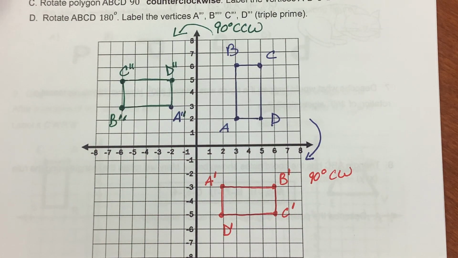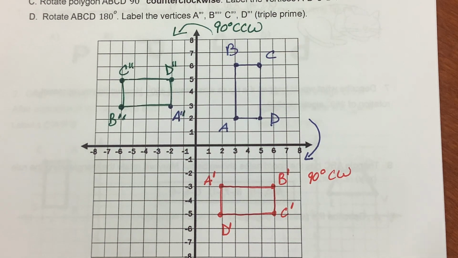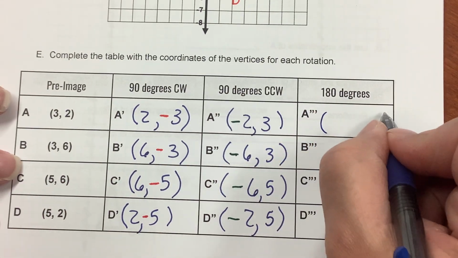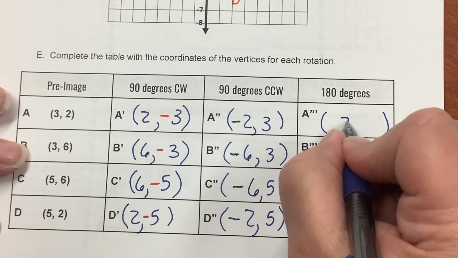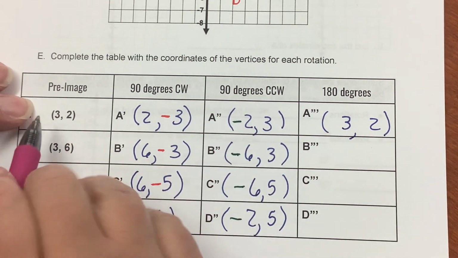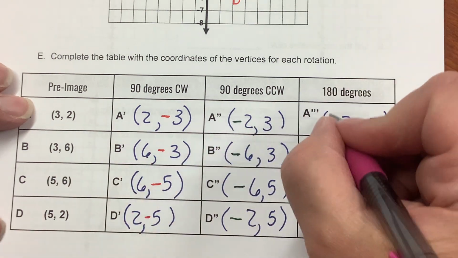Now the easy one, 180 degrees. You just negate both numbers. So I'm going to keep the numbers in the same order from the original, only now both of them get negated.